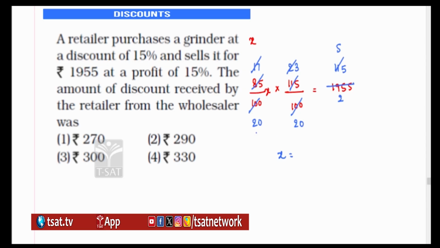So x is equal to 400 into 5, which is 2000. So upon this 2000 you are getting a discount of 15%. 15% on 2000 is actually 300 rupees. So he received the discount of 15% on this 2000, which is 300 rupees.